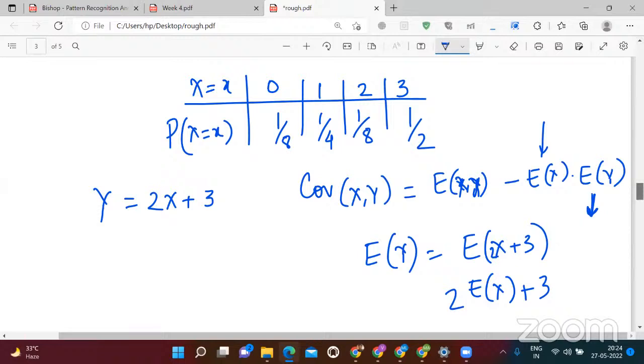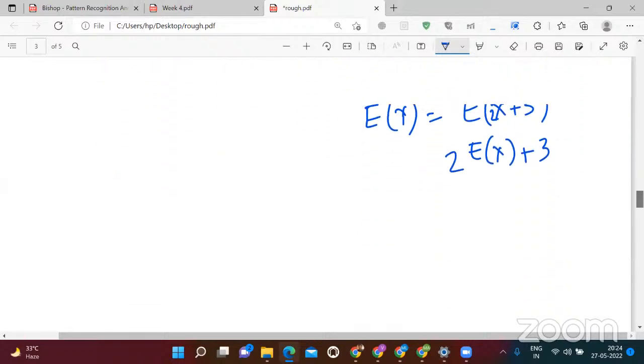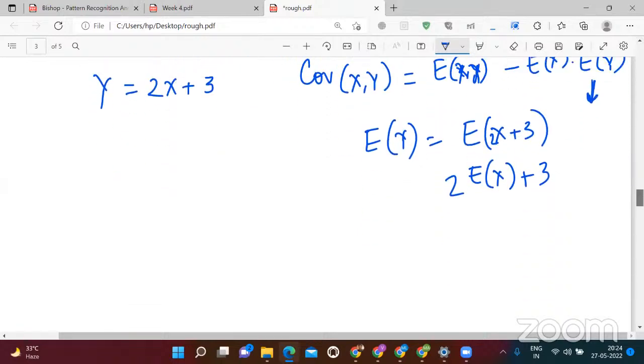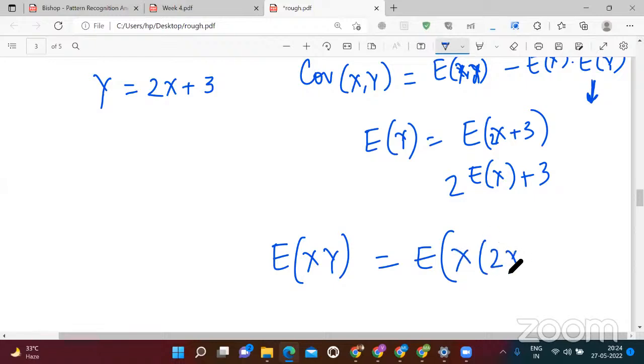When it comes to xy, do you multiply the values of x and y? Yeah, this is xy only. So you can do x into 2x plus 3.